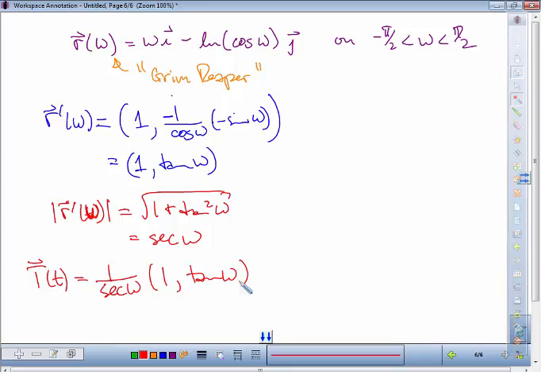Cosine, right? And cosine times tangent? Sine. Oh, that's kind of cool. So that's your unit tangent vector.